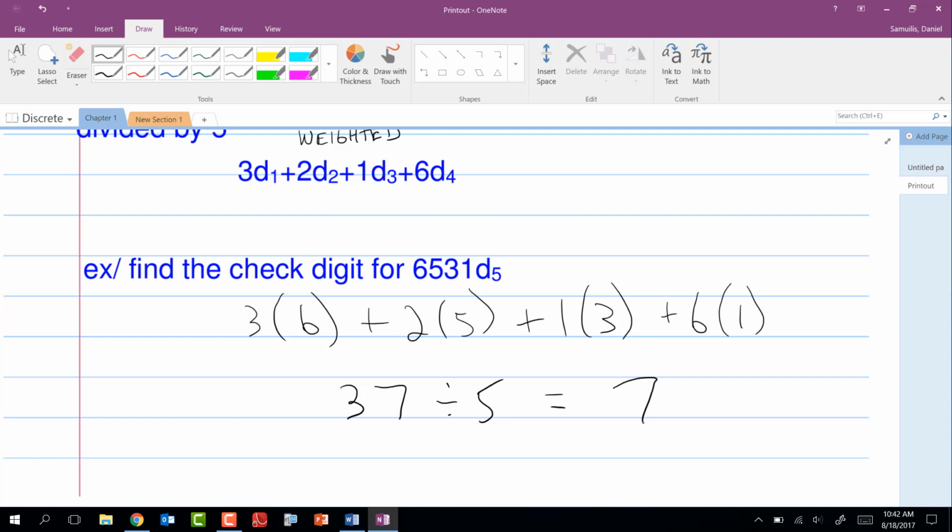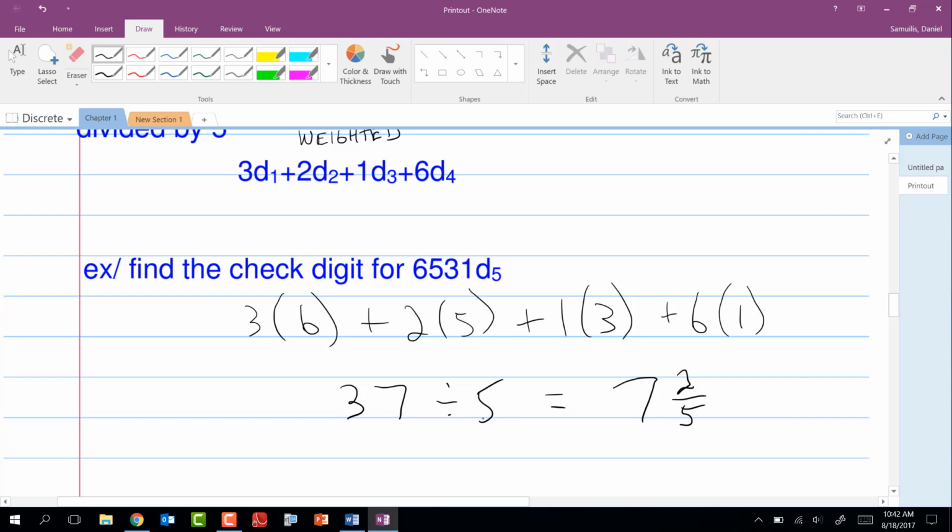Now, I am going to write it like a mixed fraction so you understand it, because we're going to do this on Monday when we do what's called mod math, which is a different branch of math that's used in computer kind of stuff. 5 goes into 35 7 times with a remainder of 2, and you can put that remainder over the divisor.